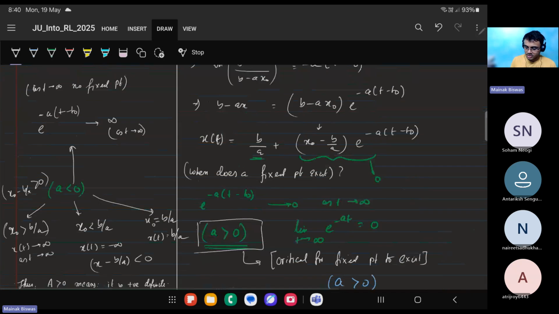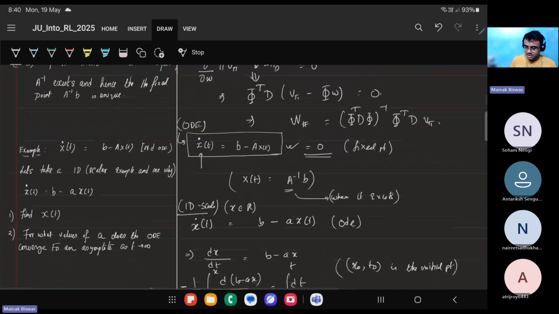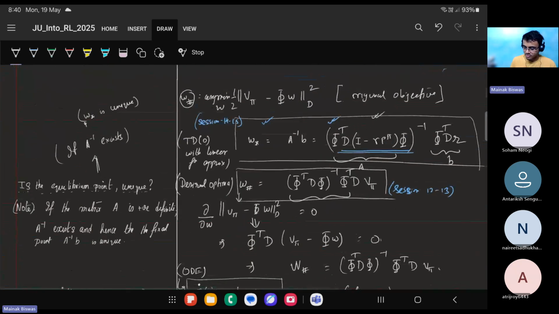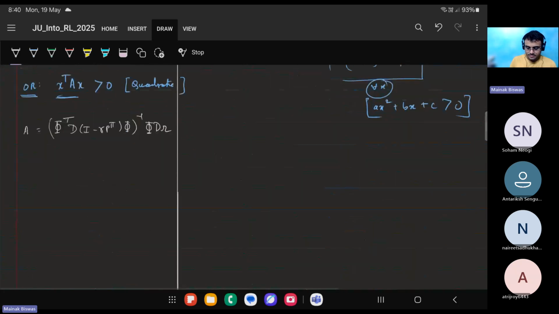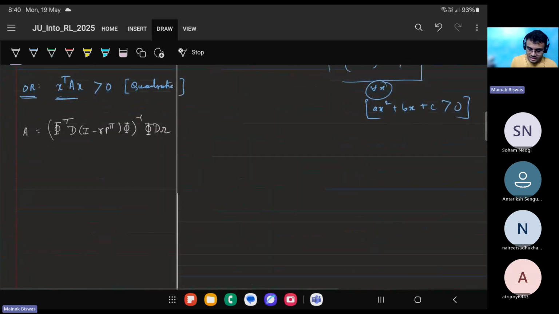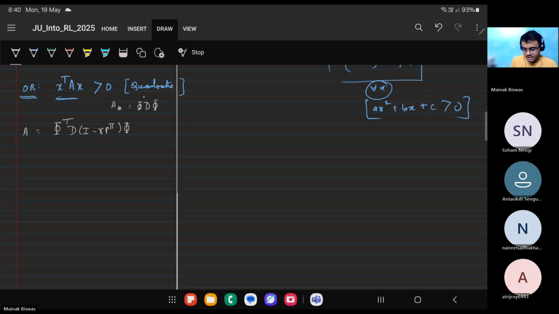It's not always important; you can look it up, but at least during the session, we can write it from memory. Remember that normally A hash was just phi transpose D phi. We have this extra term coming in, which is identity minus the probability transition matrix.